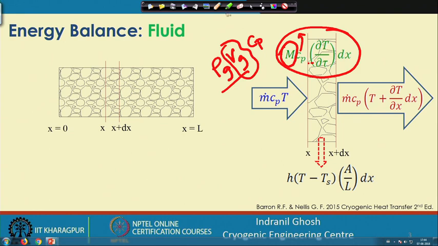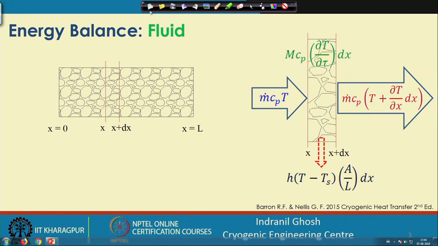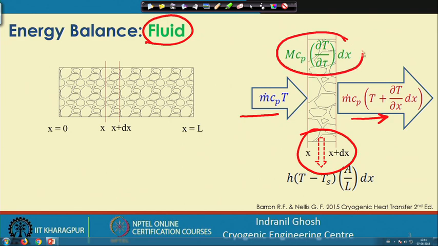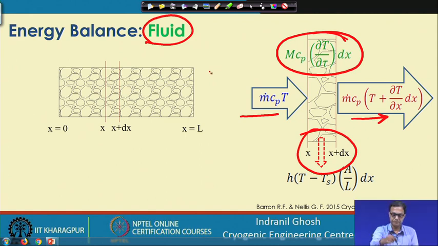With this knowledge, this is the energy balance. We are talking about the fluid, and the gas is moving from one end to the other. It is giving some heat to the solid, there is some change in the overall enthalpy of this fluid, and some amount of energy is getting stored inside the element of this gas.